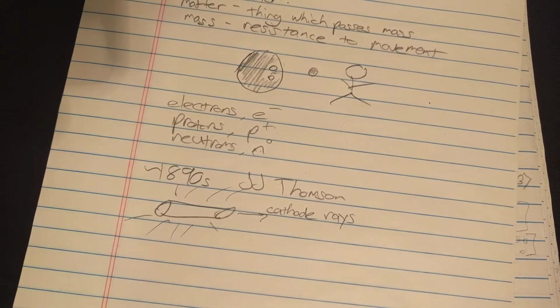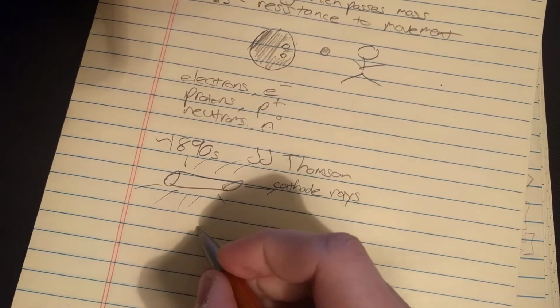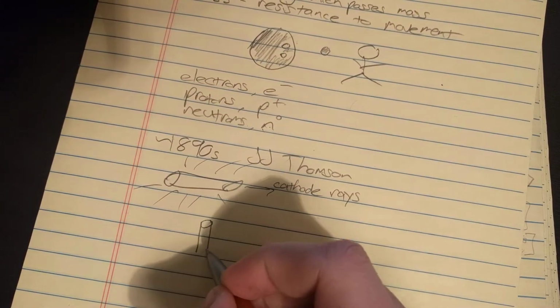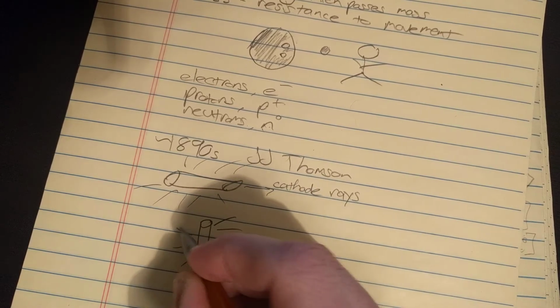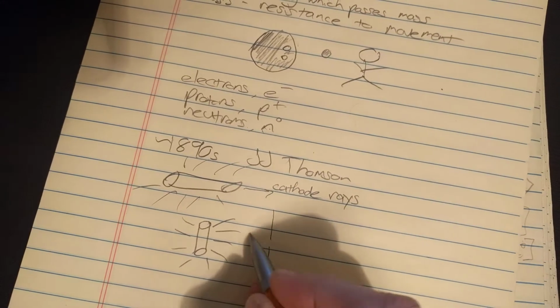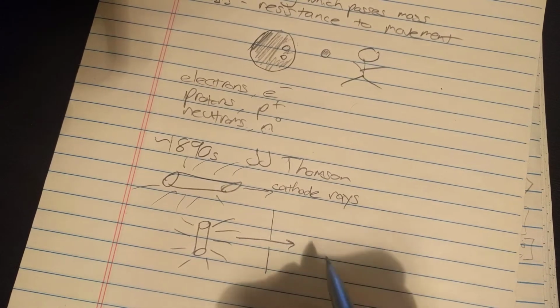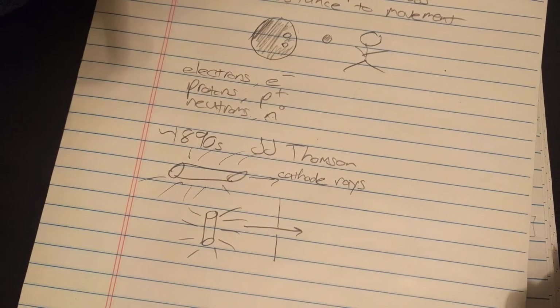Nobody really knew what these cathode rays were. What J.J. Thomson did was take one of these bulbs, which emits cathode rays in every direction, and he put a single slit there. So you could effectively make a sort of gun out of your cathode rays.